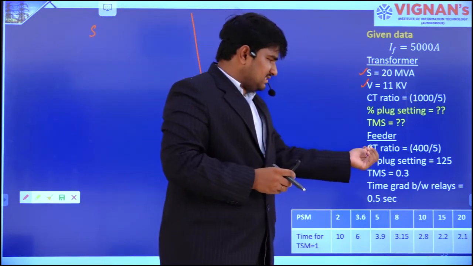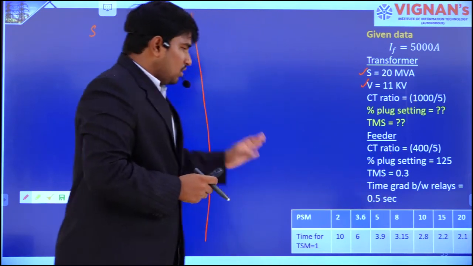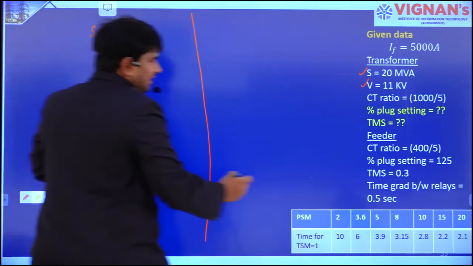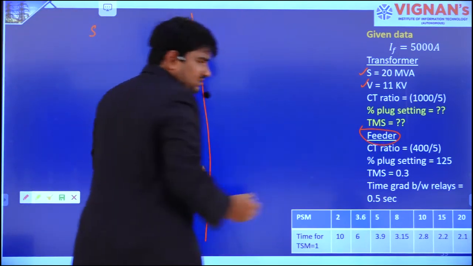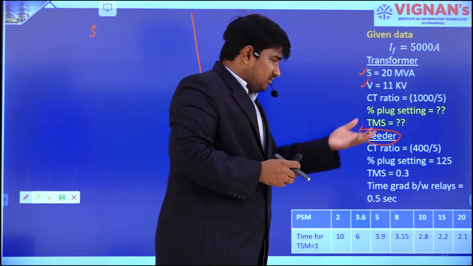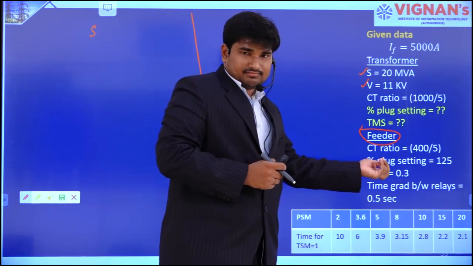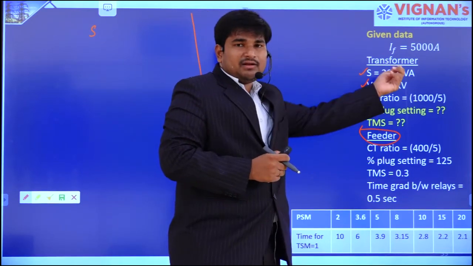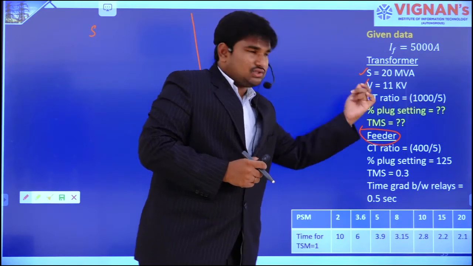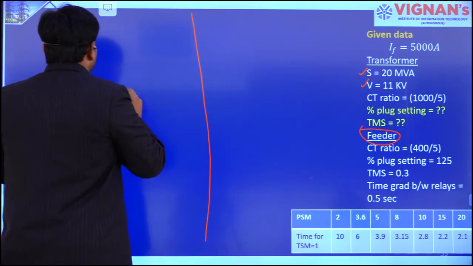And we have CT ratio, plug setting multiplier and TMS as well for the feeder. Since the data of the feeder is full-fledged, that means all the required data has been given for the feeder, the unknown quantities are the transformer's. So first I will find out the parameters of the feeder.